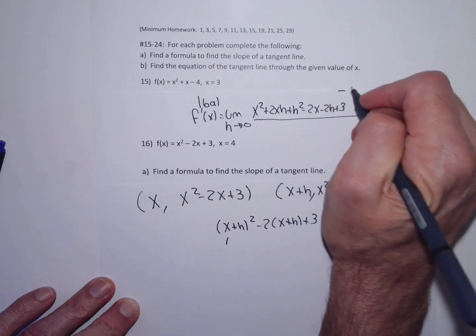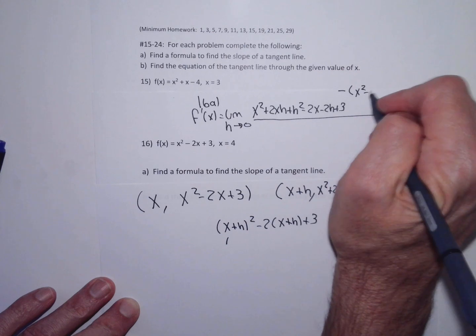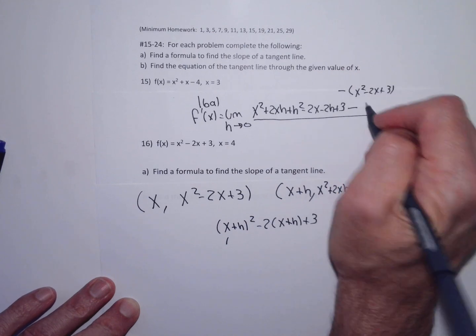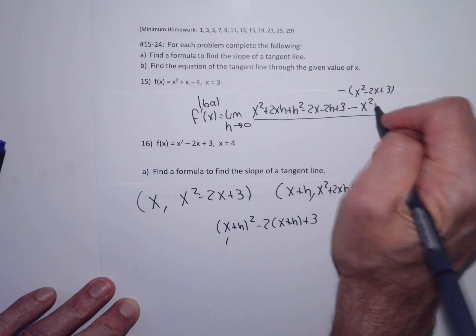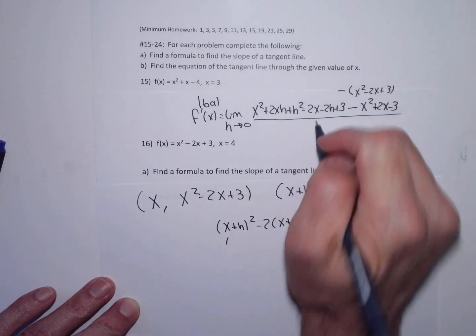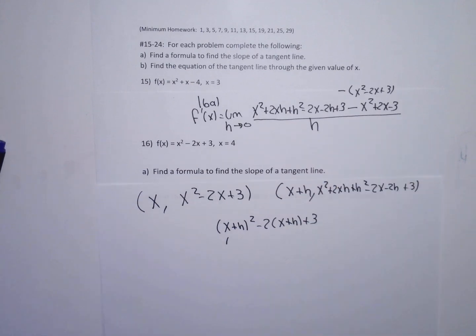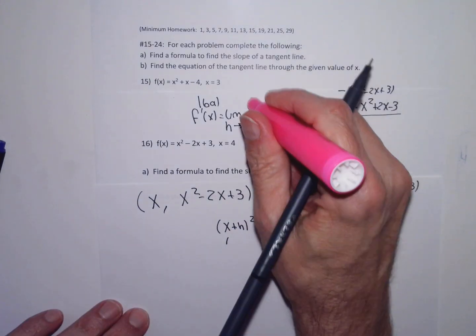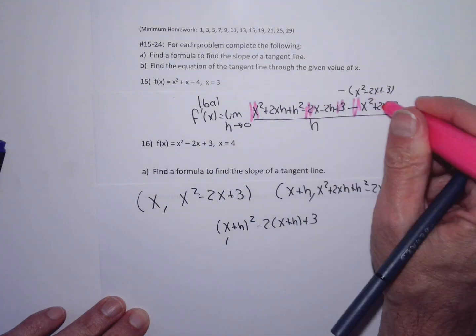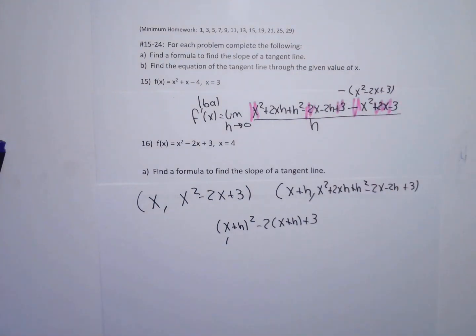Technically it's going to be minus x squared minus 2x plus 3. I'm going to write minus x squared plus 2x and minus 3 to save some ink, all over h. And now cancel. The x squareds cancel, the 2x's cancel, and the 3's cancel. The only thing left in the numerator are the 3 terms with an h.